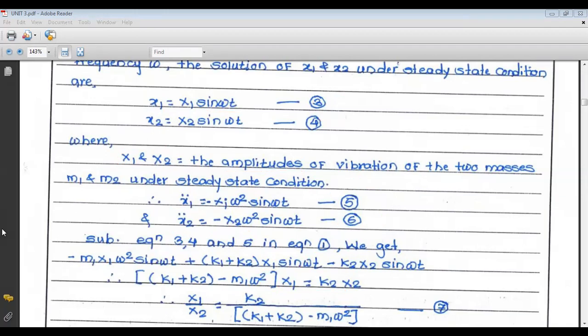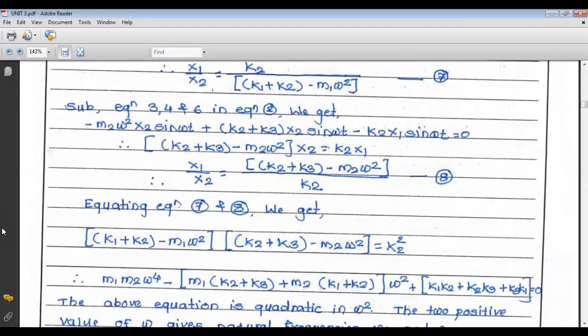Similarly, we have to put the values of equation 3 and 4 and equation number 6 in equation number 2. So m2 x2 double dot. What is the value of x2 double dot? It is minus m2 capital X2 omega square sine of omega t, plus (k2 plus k3) into x2, which is capital X2 sine of omega t, minus k2 into small x1.